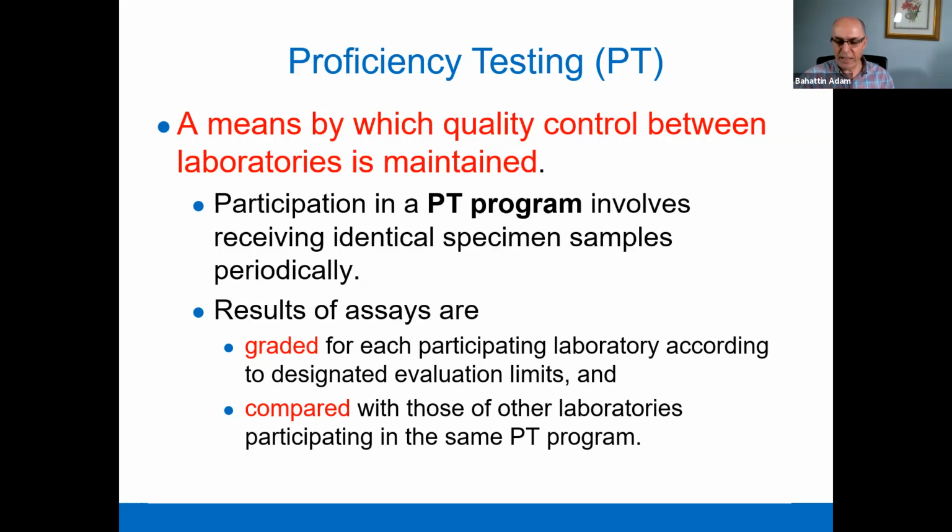And then we don't know the level of the test, okay? It is unknown samples for us. But the agency knows the level of each test, and they will grade it, okay?